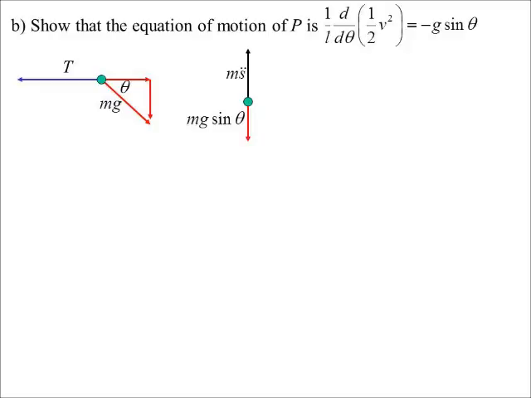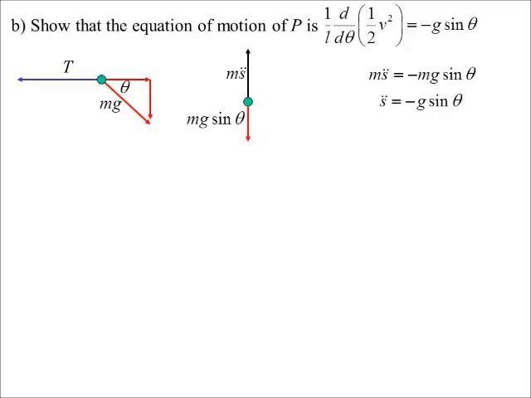m s double dot will equal minus mg sine theta. Normally I'd say m x double dot, but remember they're using s instead of x for displacement. So I'm saying the resultant, m x double dot, in this case m s double dot, is equal to minus mg sine theta.